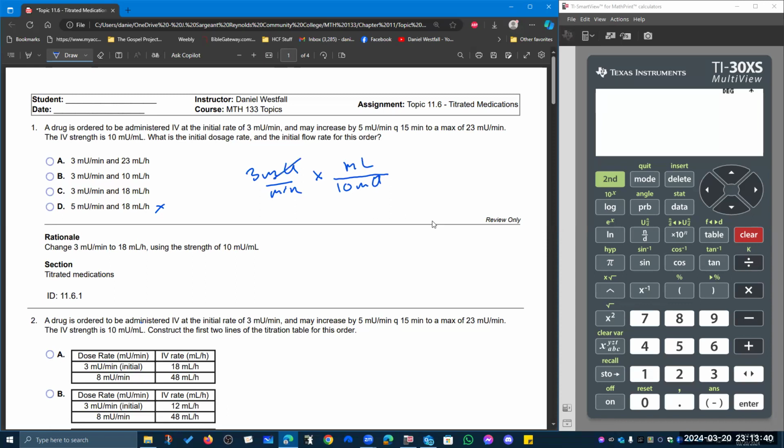That gets rid of milliunits, because it's milliliters per minute, but we need to give 60 minutes in an hour. So the minutes go away here. 10 goes into 60 six times, and 3 times 6 is 18 milliliters per hour. So that's going to be option C here.